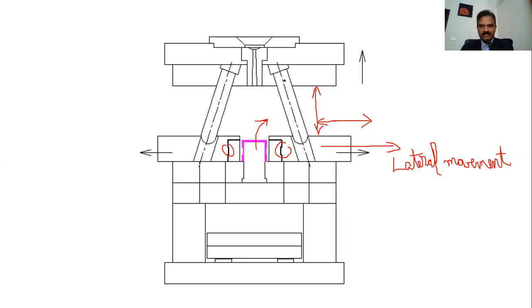These fingers will only help to bring the slides in, and when it moves up, it will help to take the slide away. But don't expect the fingers to act as a pressure applying element when the injection is taking place.